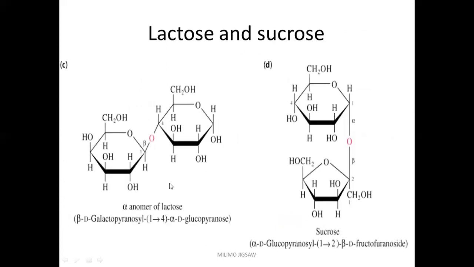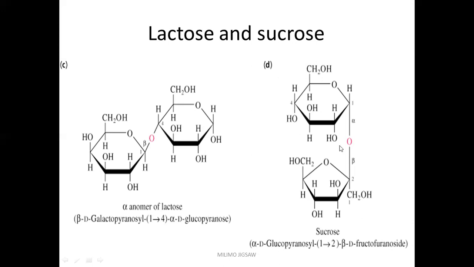This is lactose: beta galactopyranosyl 1 to 4. Remember, it's between carbon 1 and 4, alpha D glucopyranose.